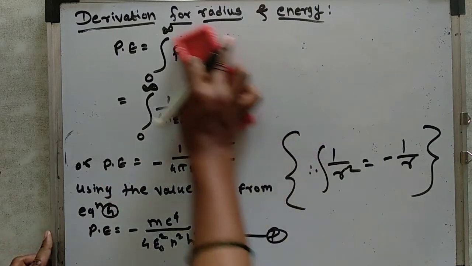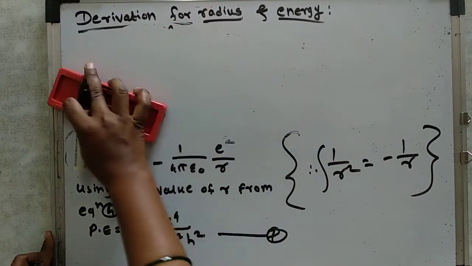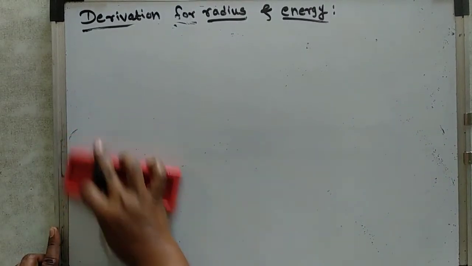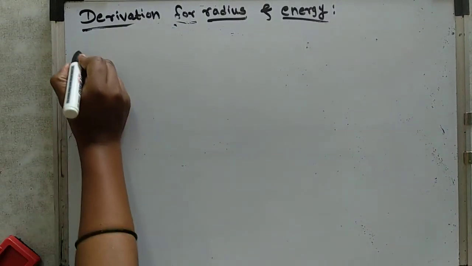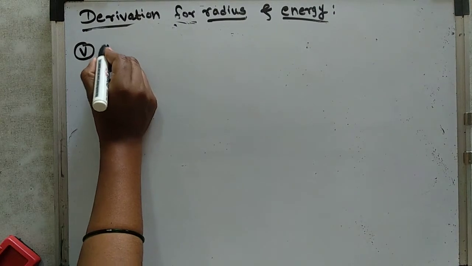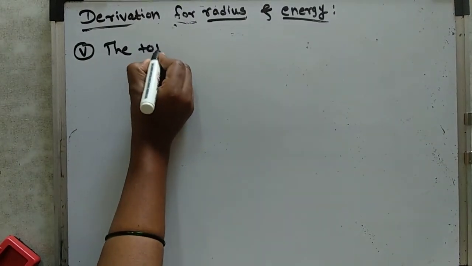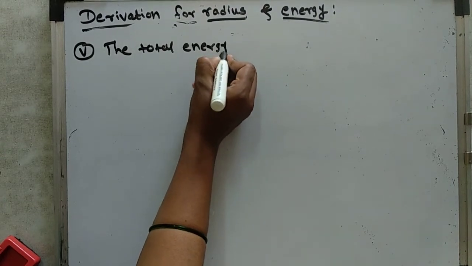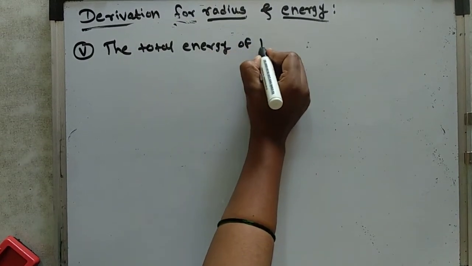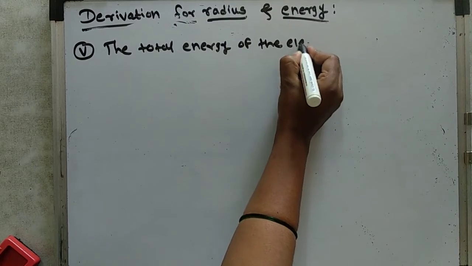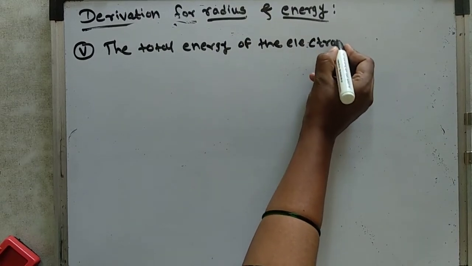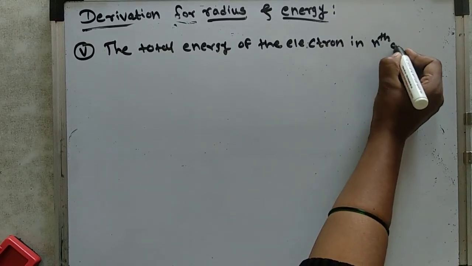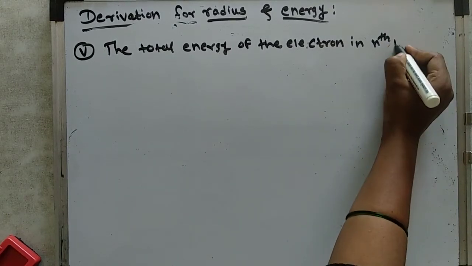Fifth is the total energy of the electron in nth Bohr orbit.